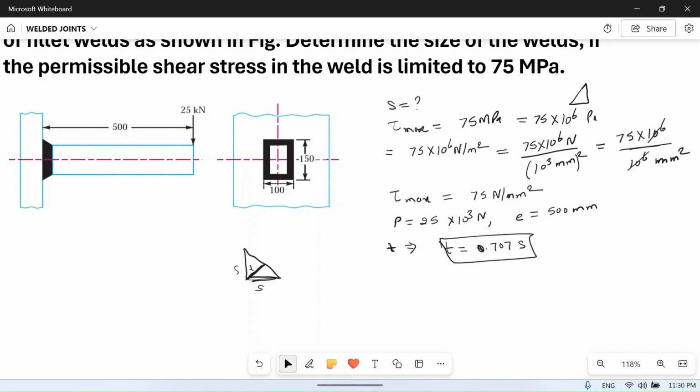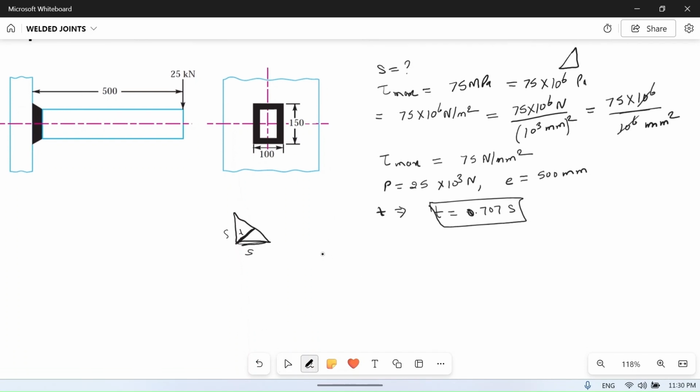So what will be the area? See, the thickness is T, so this is T, this is also T, this is T, this is T. All the thicknesses are T. So area will be equal to the sum of these areas.